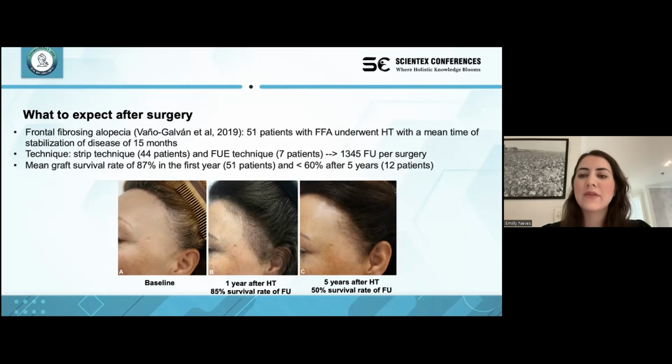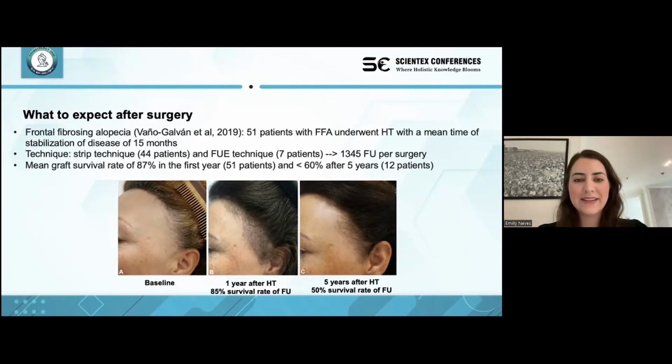These patients underwent hair transplantation with a mean disease stabilization time of 15 months, and they used mostly the strip technique in the majority of patients and the FUE technique in a smaller group. They reported a mean graft survival rate of 87% in the first year.